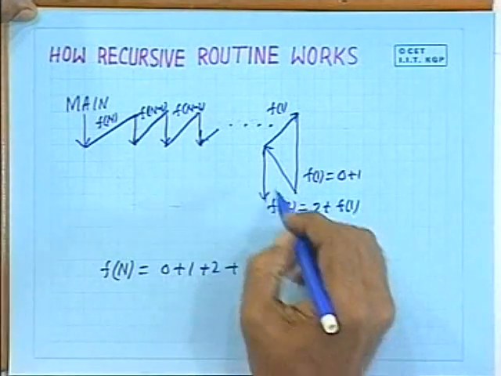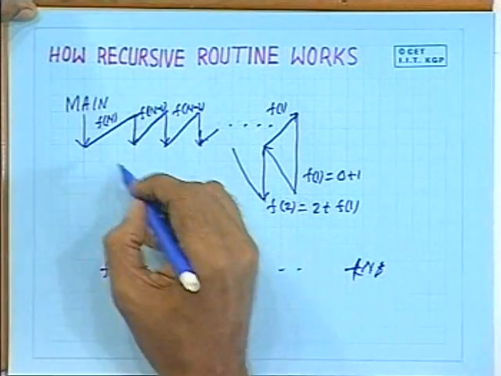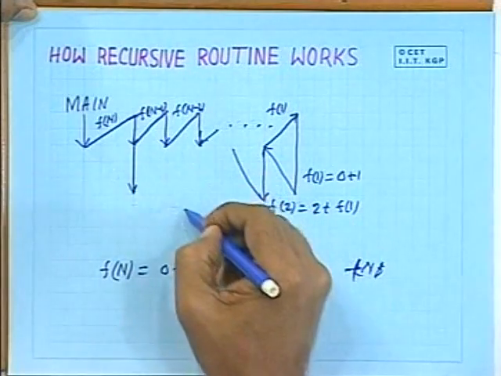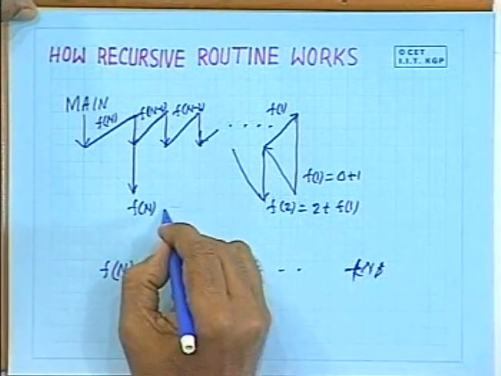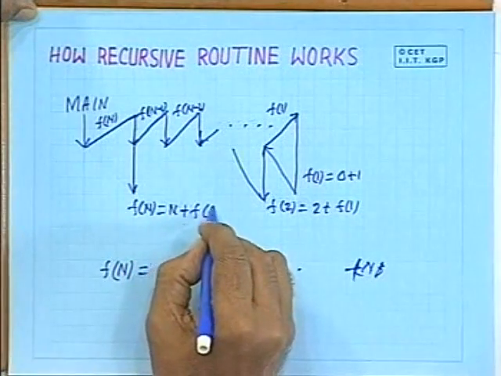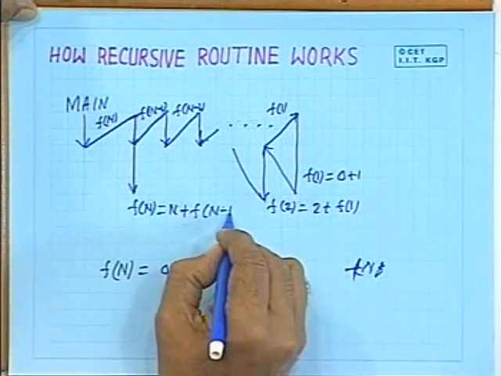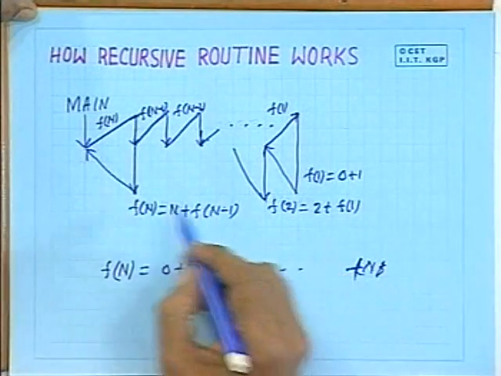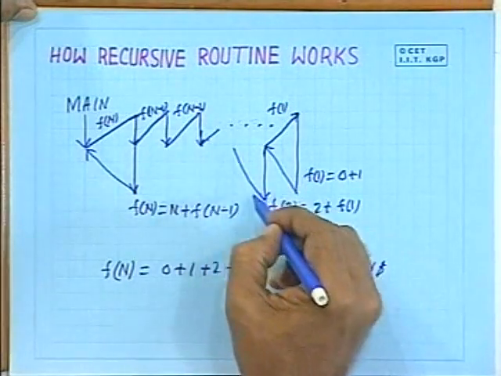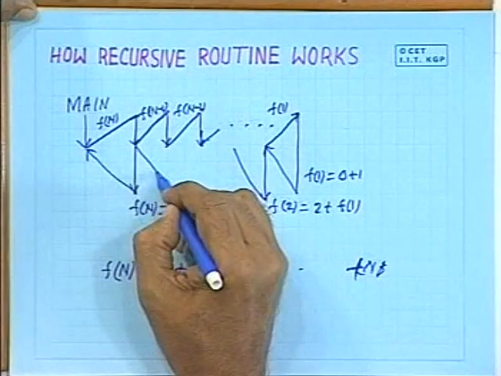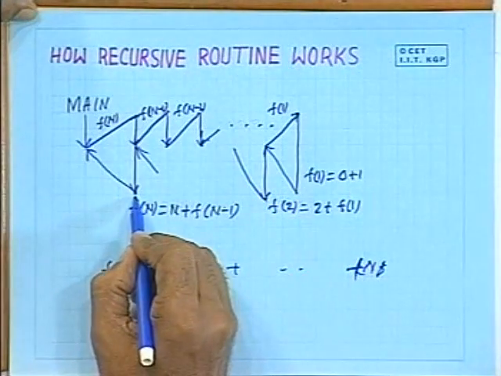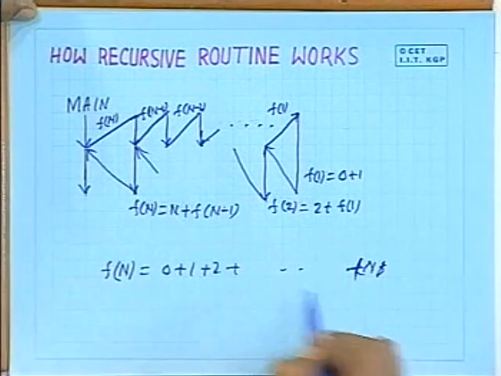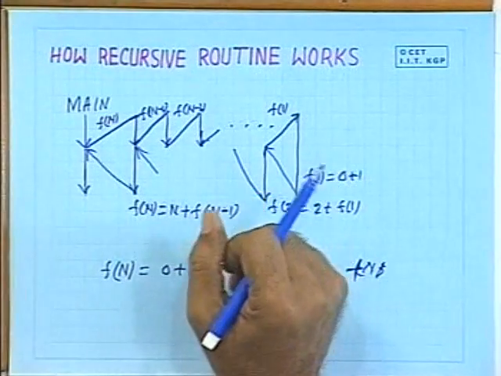So in this way, in each part you do the computation, and as you go back returning, f n will be computed equal to n plus f n minus 1. So here the final value is calculated and returned to the main program. So you see here in the return path the computation is taking place, and ultimately you are returning the value to the main program. So then the main program will continue. So this is how a recursive routine works.